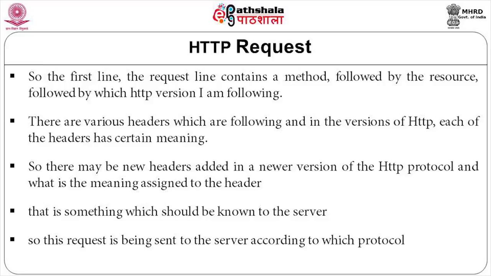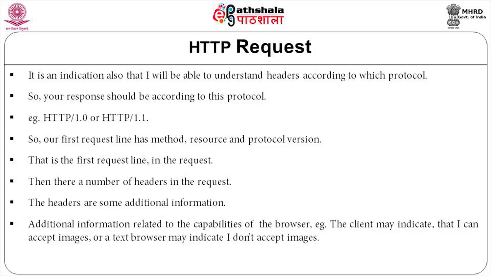There may be new headers added in a new version of the HTTP protocol, and what would be the meaning assigned to it is something which should be known to the server. So it mentions that this request is being sent according to so-and-so protocol. It's an indication also that I will be able to understand this protocol, so your response must be in this protocol.